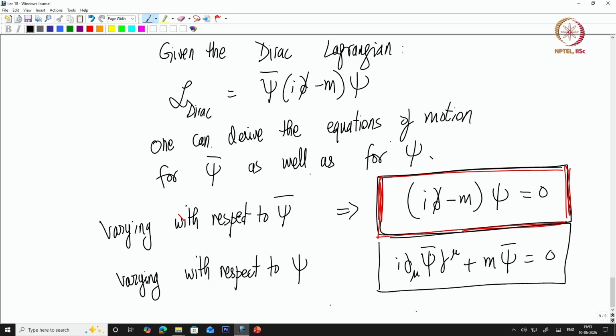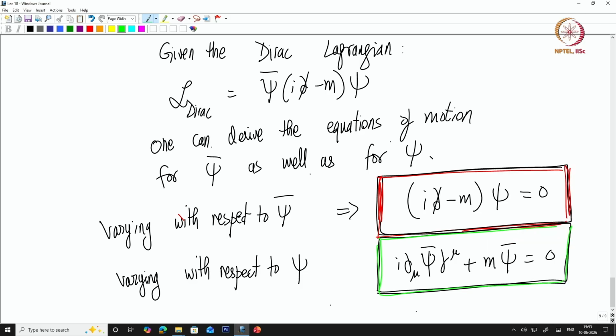This is the Dirac equation for the conjugate psi bar field. So, you have these two beautiful Dirac equations.